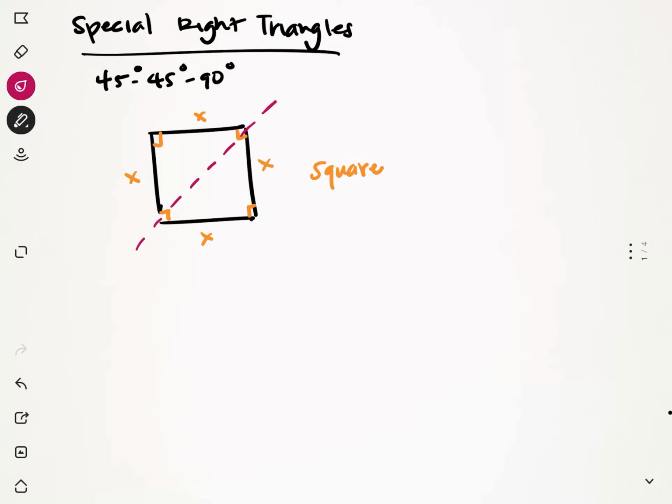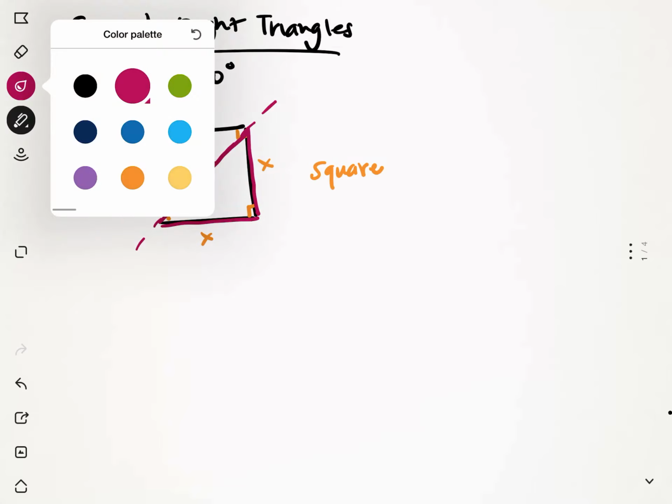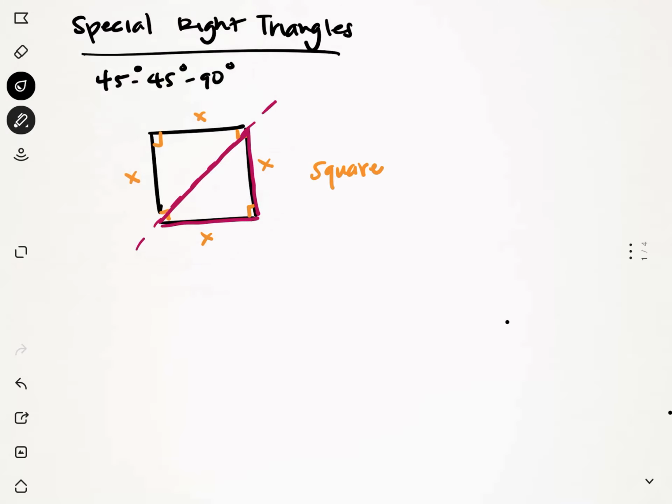Now let's take a look at this section that we just created. If I redraw this, now we have a triangle. We know it's a right triangle because we have a right angle here.